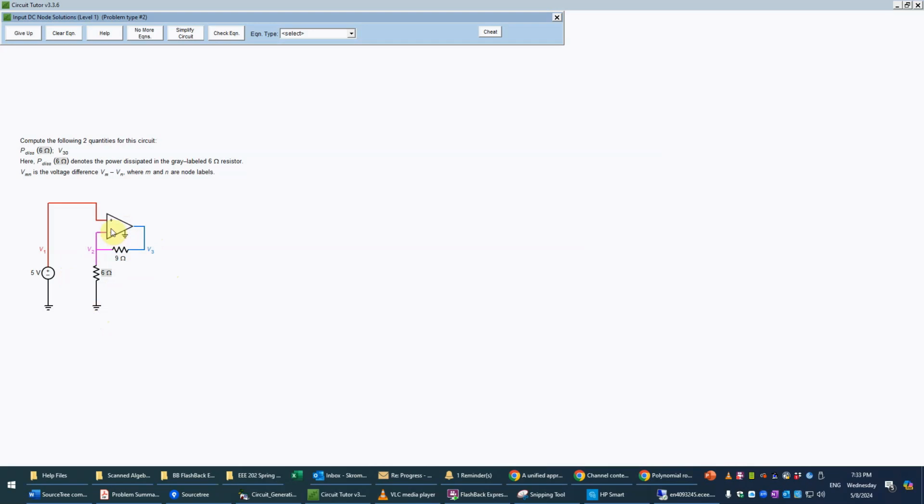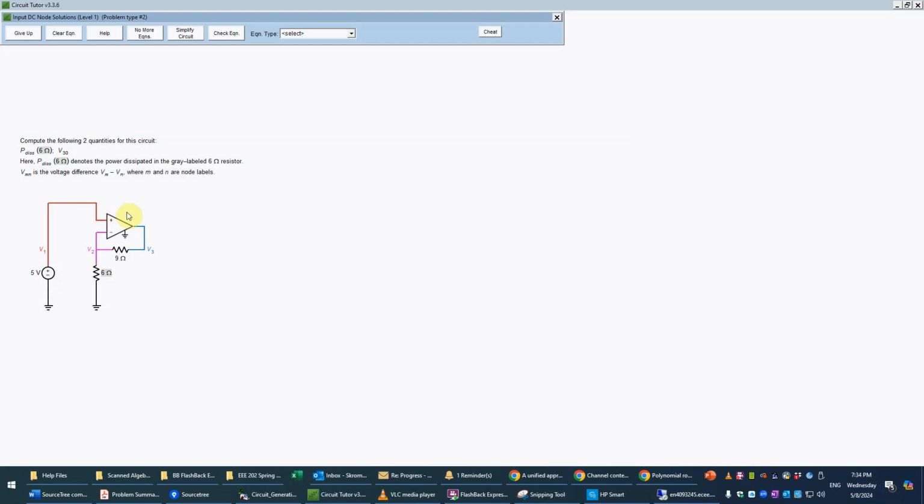And furthermore, we can also notice that unlike the first problem type, where our input voltage source, which represents our input, was connected through a resistor to the negative input, here it's actually connected directly to the positive input. That means this is going to be called a non-inverting amplifier, which means it'll have a positive gain.